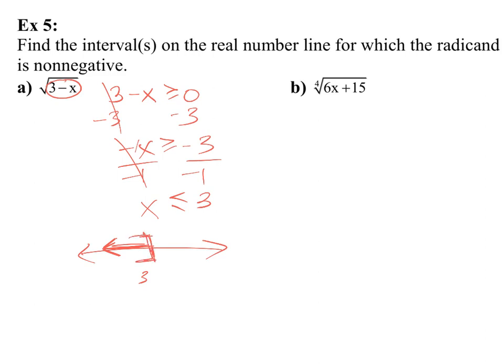Here I have the fourth root, but just like the square root, you can only take the fourth root of a quantity that is not negative. So same deal here, 6x plus 15 has to be greater than or equal to 0. I just isolate x.